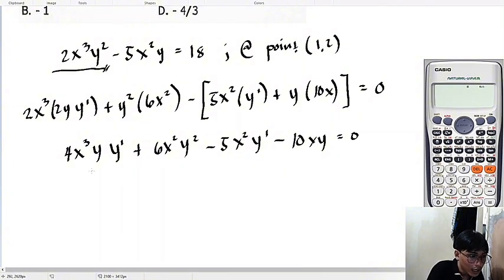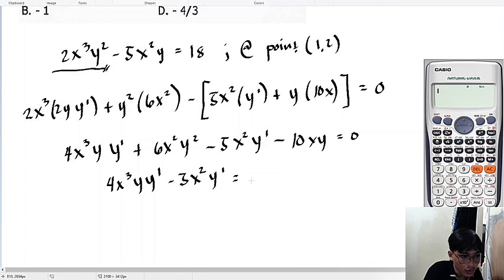Now, as we said earlier, all terms with y prime stay on the left, and those without y prime go on the right. So we have 4x cubed y prime minus 5x squared y prime equals 6x squared y squared, minus, the minus becomes plus when moved to the right side, and plus 10x y.